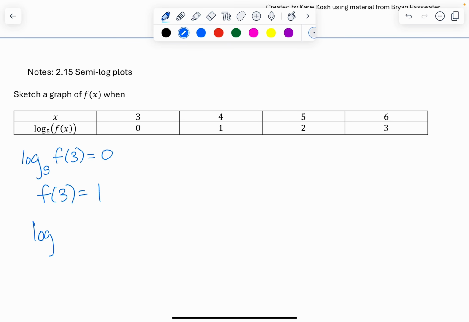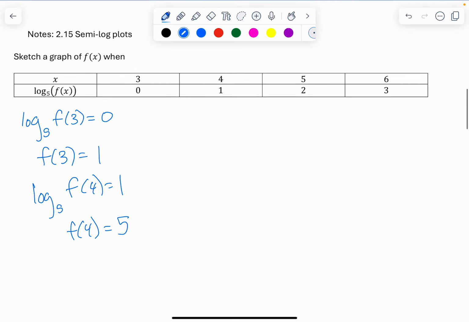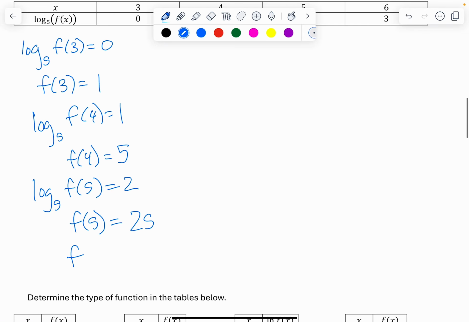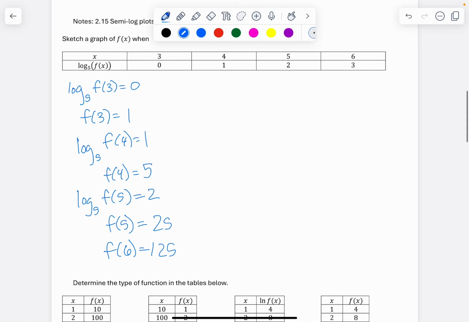And then log base 5 of f(4) is equal to 1, which gives us that f(4) is equal to 5 to the first power, which is just 5. The next one, maybe you've recognized the pattern. If you haven't, here we're going to do one more. This becomes f(5) equals 5 squared, which is 25. And then the last one, f(6), would be equal to 125 because that's 5 cubed.